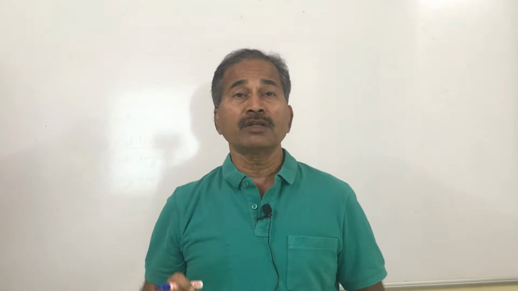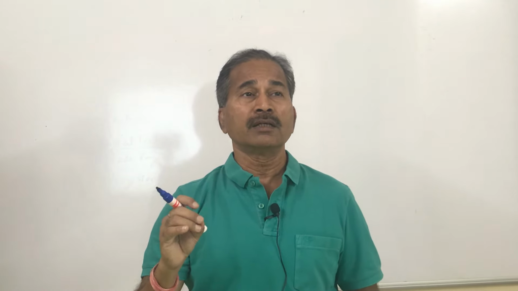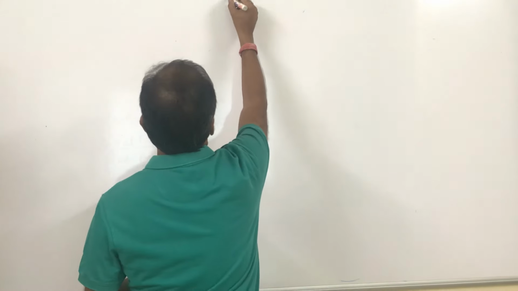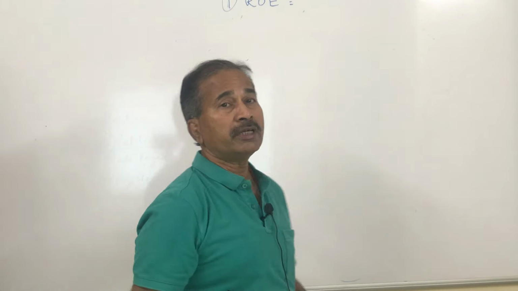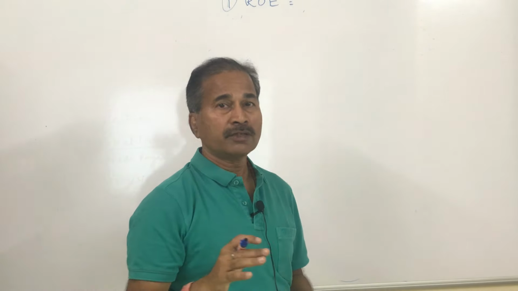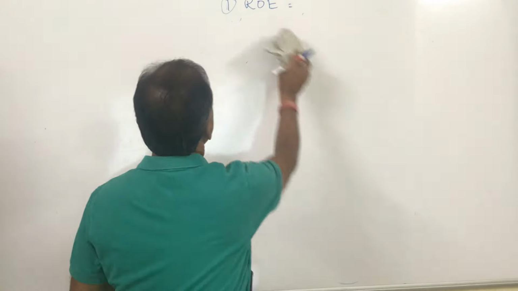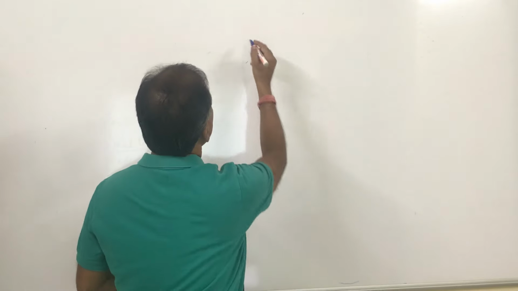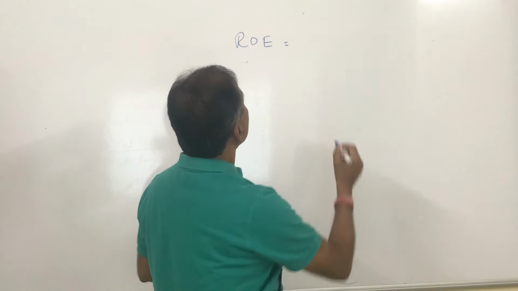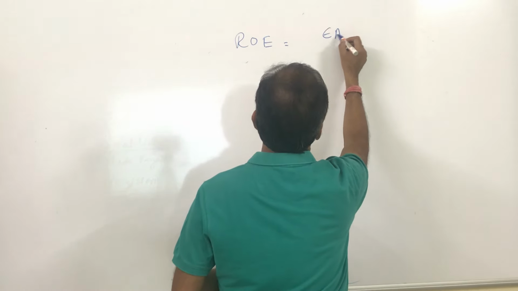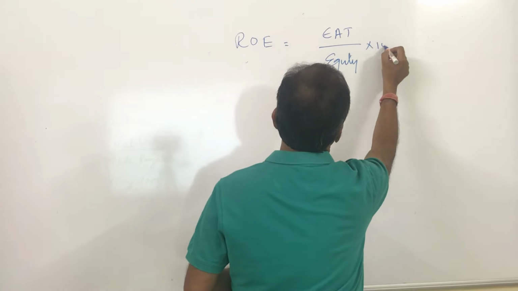The first ratio that we calculate from the perspective of the capital provider is return on equity, ROE. And how do we calculate return on equity? We will calculate return on equity by taking earning after tax and dividing it by equity, and that would be into 100.